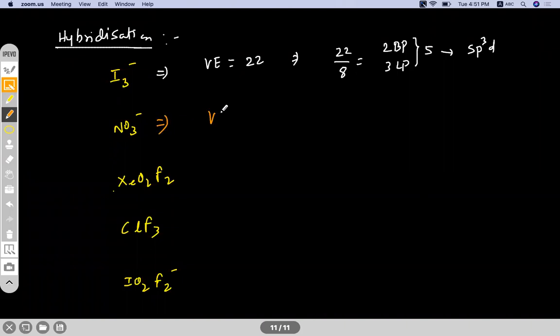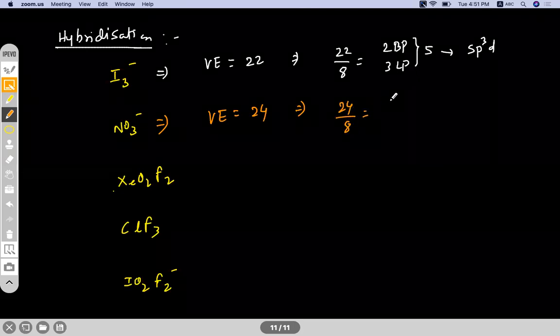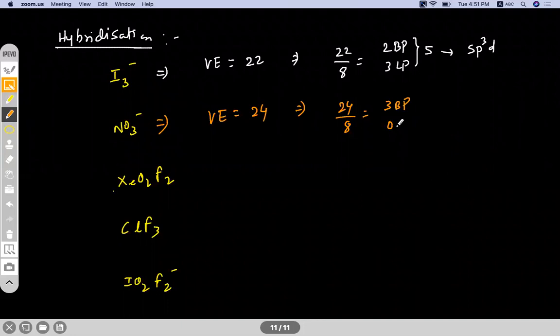NO3 minus, valence electron is 24? Yeah. So 24 divided by 8, we have 3 bond pair and 0 lone pair. So it is 3, sp3d.